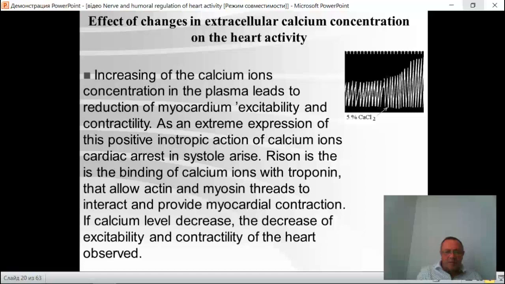As an extreme expression of this positive inotropic action of calcium ions, cardiac arrest in systole arises. The reason is the binding of calcium ions with troponin that allows actin and myosin threads to interact, which provides myocardial contraction. If calcium level decreases, a decrease of excitability and contractility of the heart is observed.